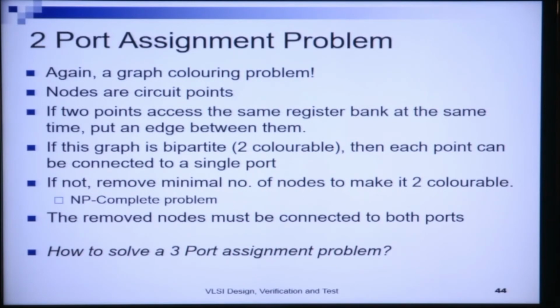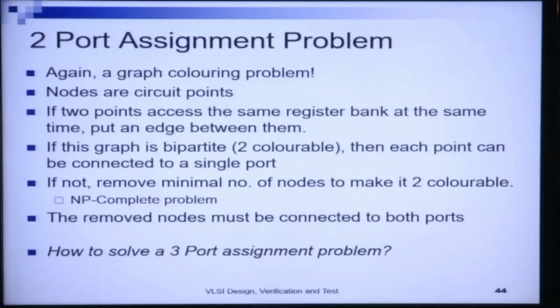So what we do, we first try to make a two coloring, making the graph bipartite, and then if this two coloring is not possible, we try to remove the minimum number of circuit points such that two coloring is possible. And the circuit points which I had extracted out from the graph must be connected to both ports.